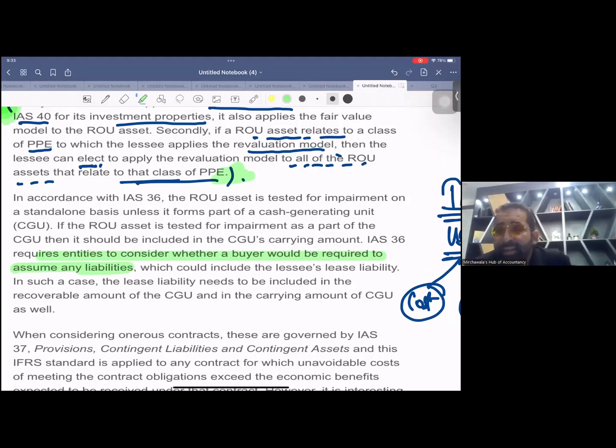If yes, if the fair value includes the liability impact as well, then in the carrying value you also have to include the lease liability, so that the comparison would be like with like. It's not difficult. Read it.